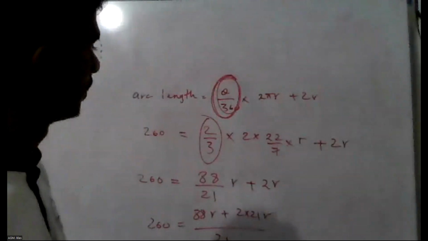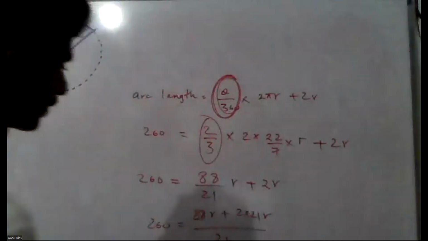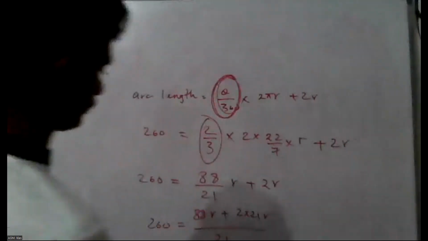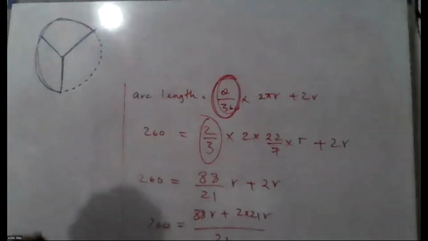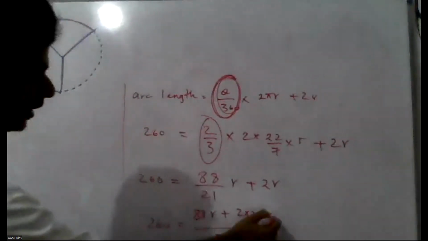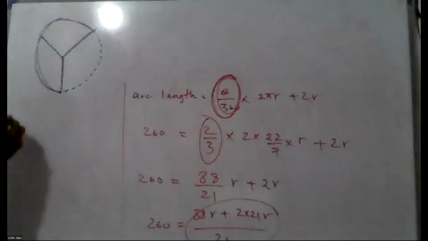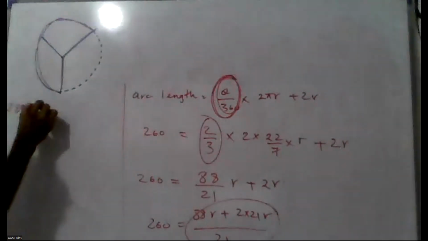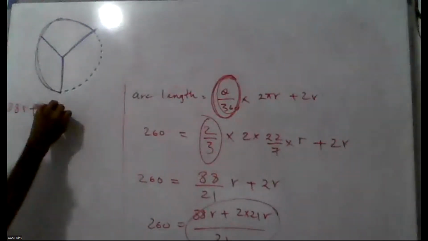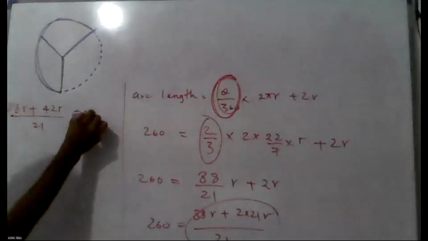I substituted correctly. So I'm writing this portion first. After that, I will put 260: 88R plus 42R over 21 is equal to 260.